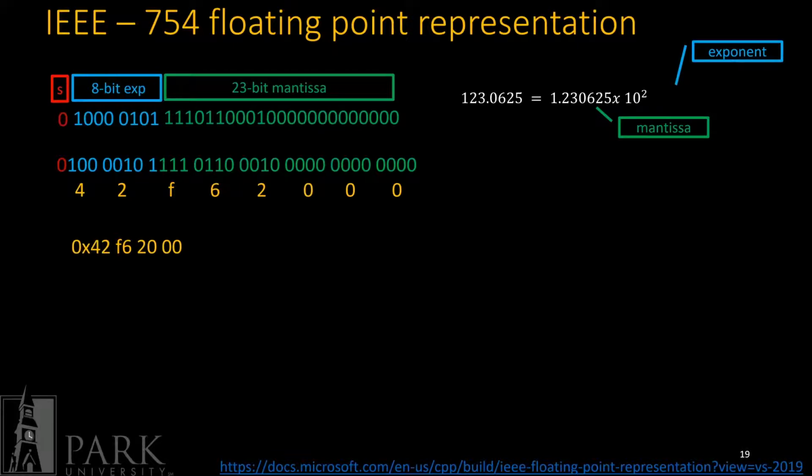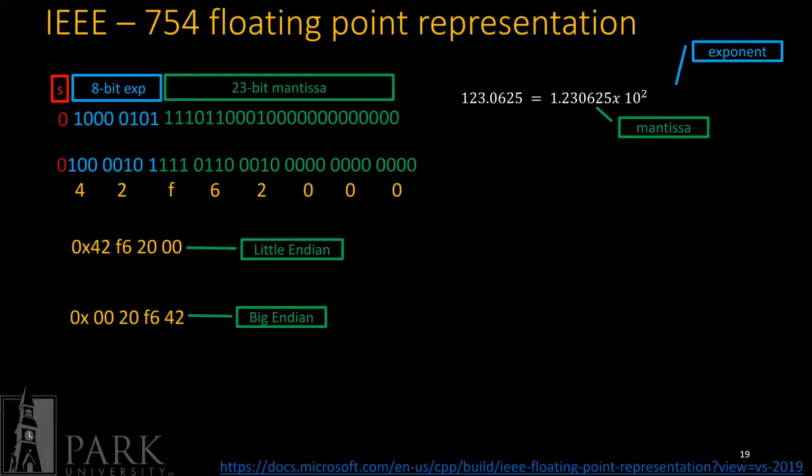So if we needed to do that, we just do a byte-wise reversal of the order of the value. And that's all there is to it. That's how you convert this number right here, 123.0625, to a hexadecimal equivalent in memory, using a floating point number.